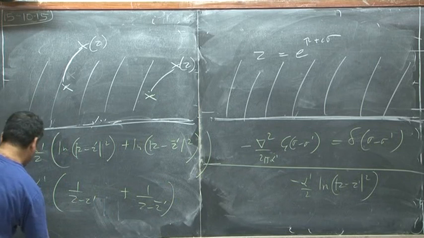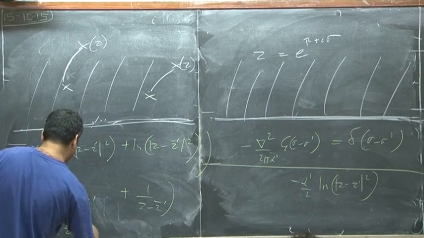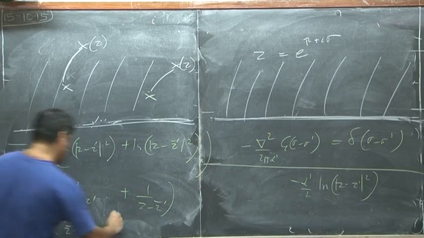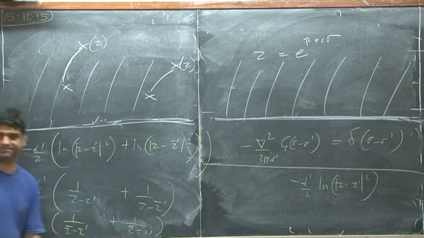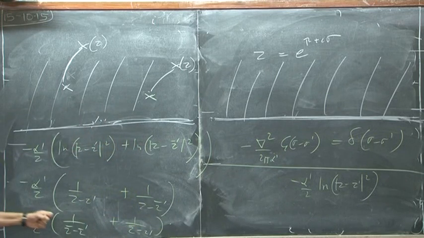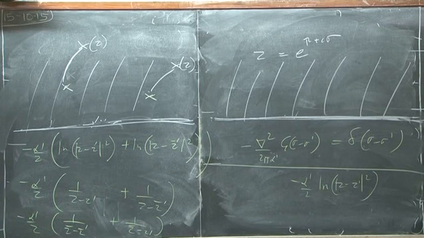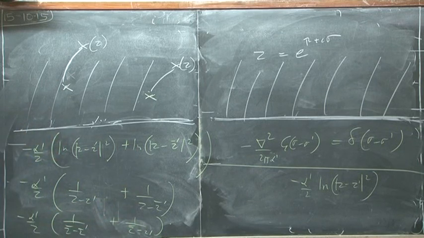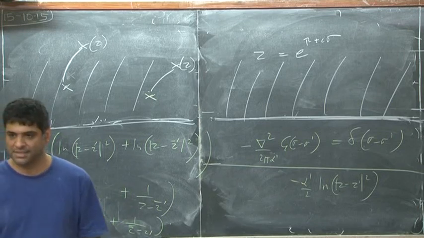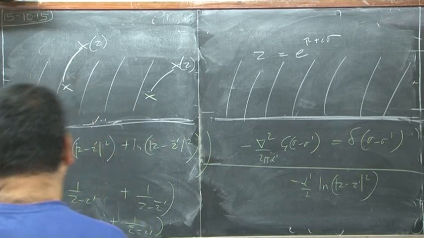We get minus alpha prime by 2, 1 over z bar minus z bar prime, plus 1 over z bar minus z prime. On the boundary, z is equal to z bar, so these two are the same. Right? This is very simple. So the image charge method gives us very quickly the solution to the Green's function of interest.